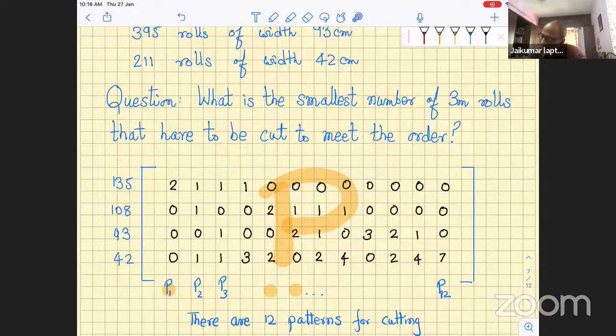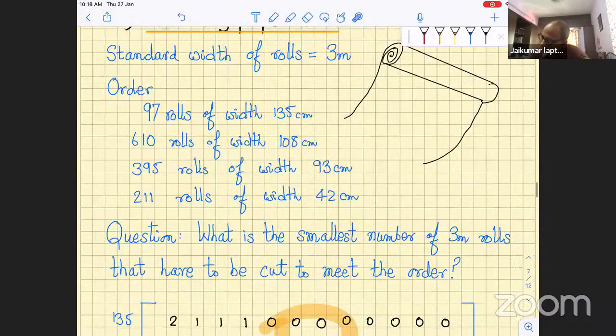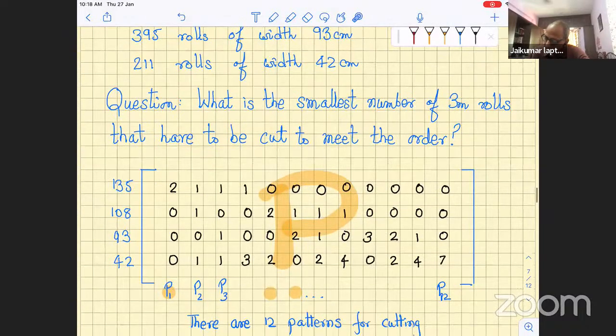First you take your 3 meters, and find out within these 3 meters what are the various configurations of cuts that you can do. For example, if you have 3 meters, you could get out of it 2 rolls of 135 centimeters. So you cut 135 from one end and then another 135 from there.